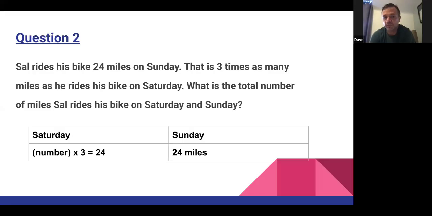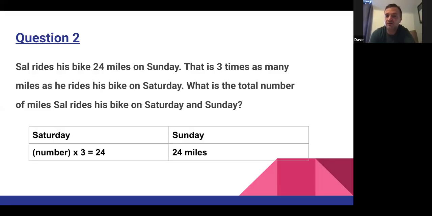What is the total number of miles Sal rides his bike on Saturday and Sunday? Okay, so the very first thing I need to do is find out the question. I need to know the total number of miles Sal rides his bike on Saturday and Sunday. So I know Sunday is 24 miles, so I wrote that down.